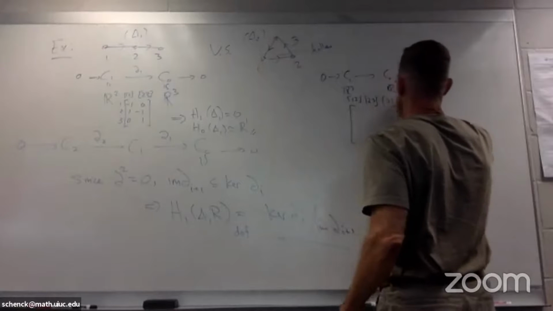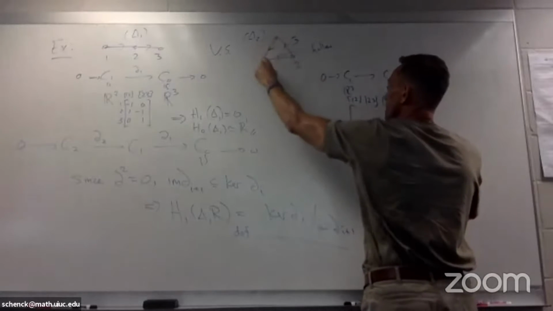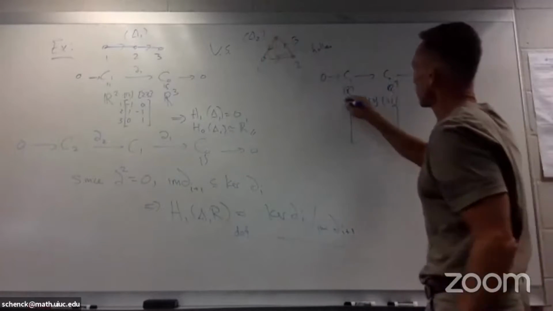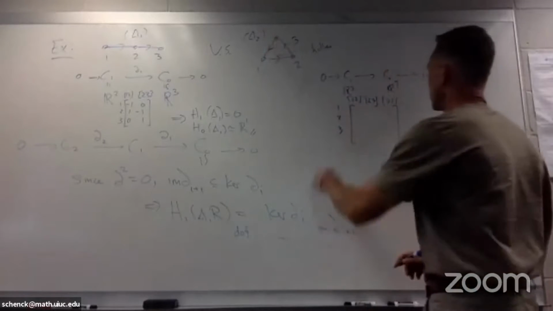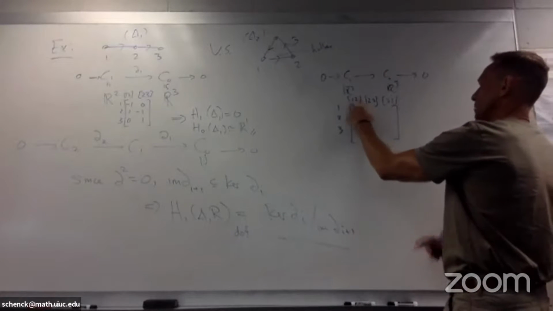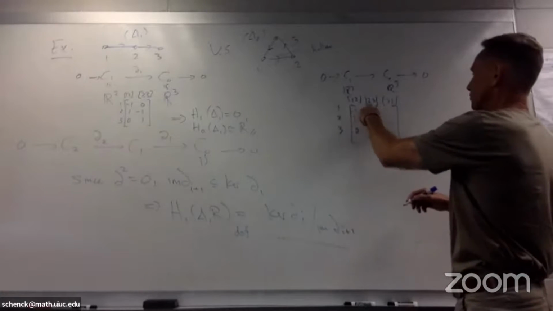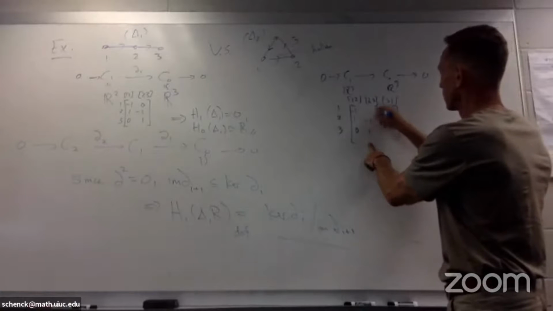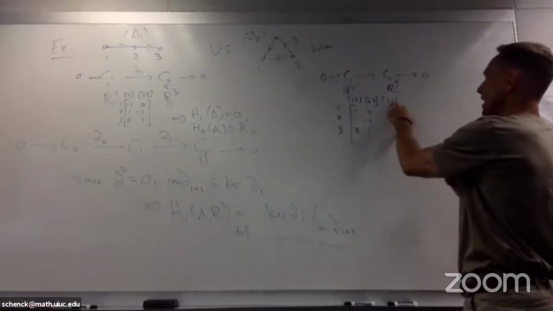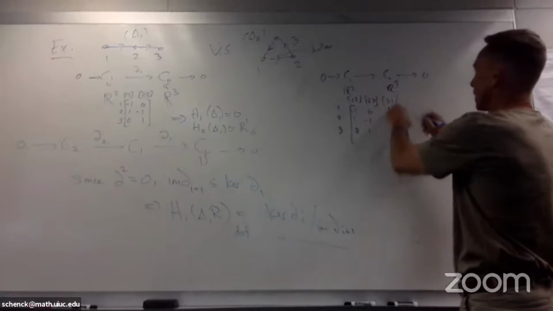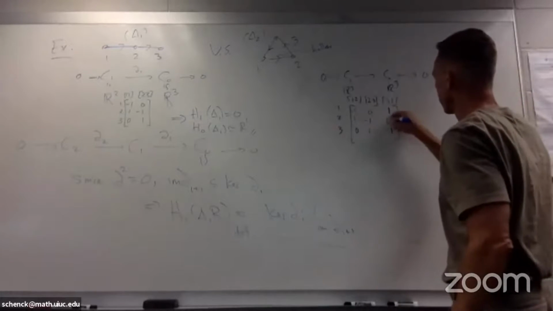Notice that the way this is oriented, this edge's head is 1 and the tail is 3, so I've written it that way. And I've got my vertices, 1, 2, 3. Boundary of 1, 2 is head minus tail, boundary of 2, 3 is head minus tail, and boundary of 3, 1 is head 1 minus tail 3.